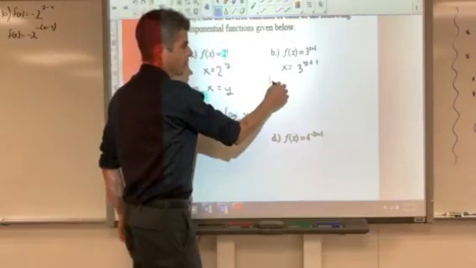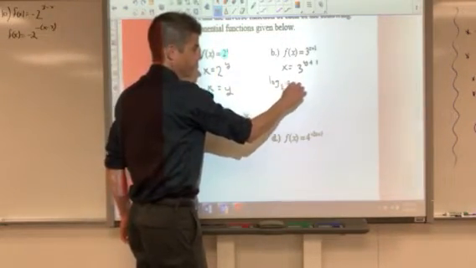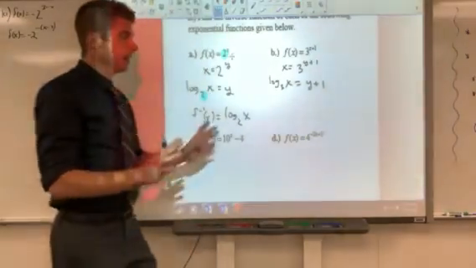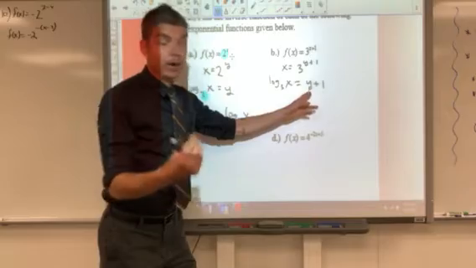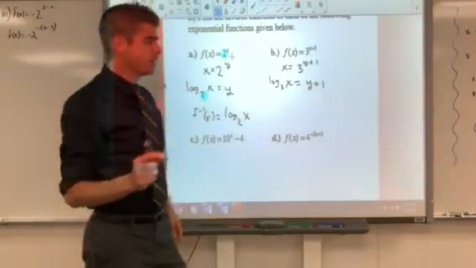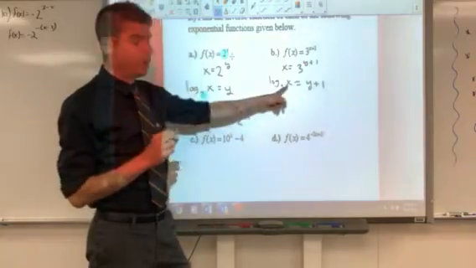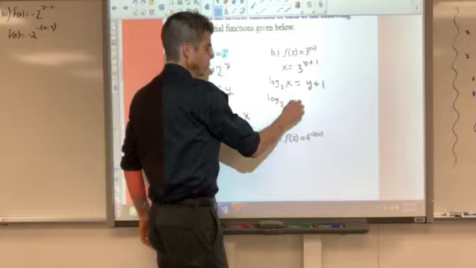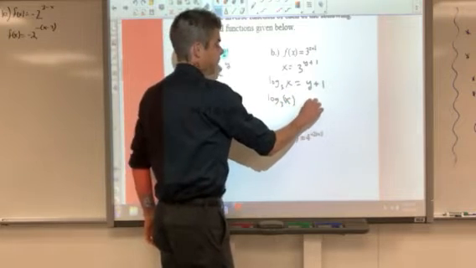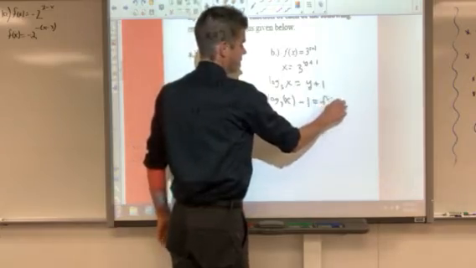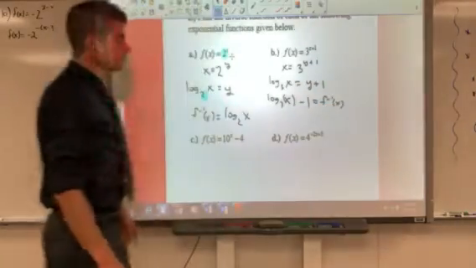So we'd have log base 3 of x is equal to y plus 1. That allows me to get y at least out of the exponent. Now I need to subtract 1. And I'd be really careful because when you subtract 1, it's after you've done this logarithm. So you might want to write log base 3 of x in parentheses, minus 1 equals y, or our inverse function, f inverse of x.